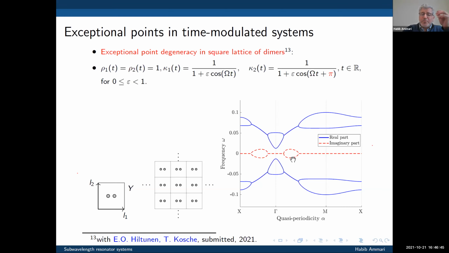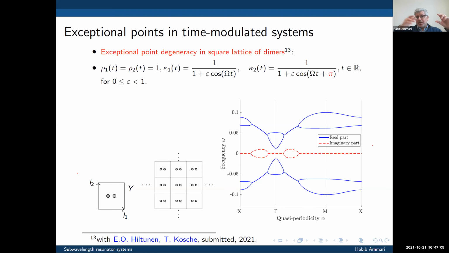Very good. So why are we looking at those degeneracies? The main reason is that interesting physics arises when we have systems with either this Dirac degeneracy or exceptional point degeneracy, and we open those degeneracies into band gaps.